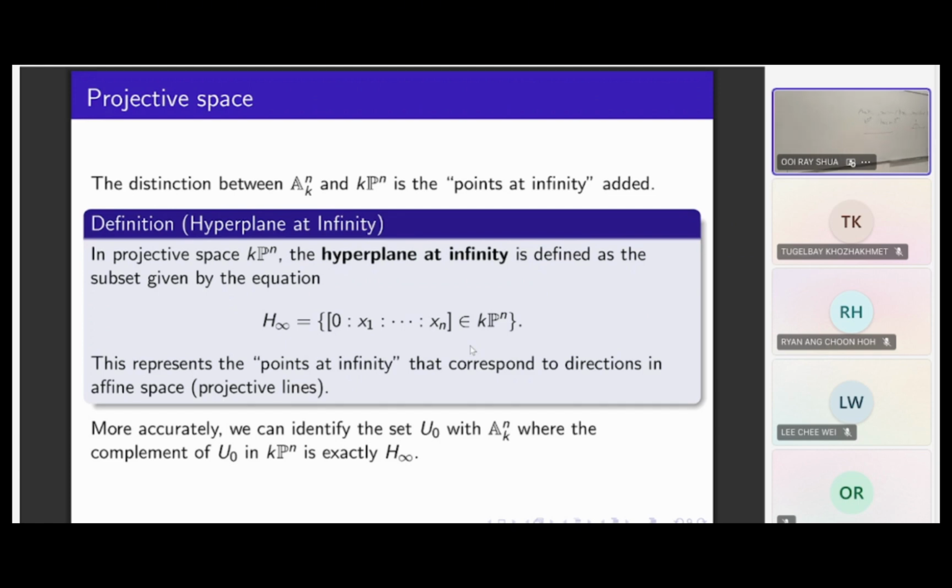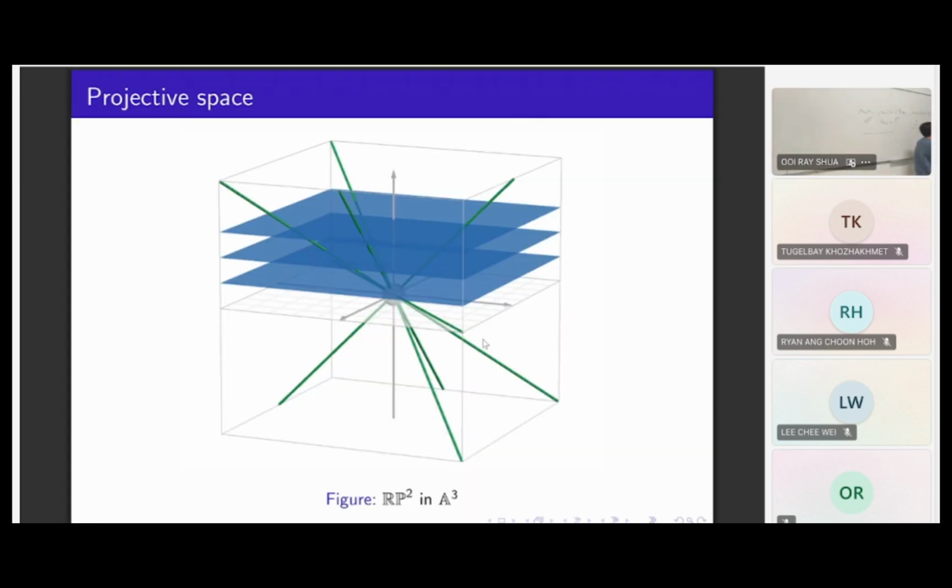In this definition, the hyperplane at infinity is defined as the points at infinity whenever you look at yourself. You don't look front anymore. Just now, you looked at the intersection of the plane and z equals 1.